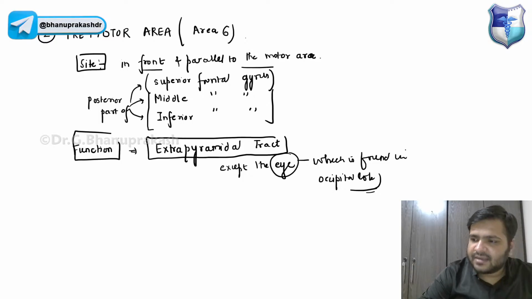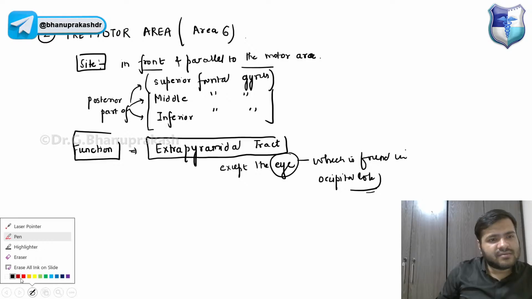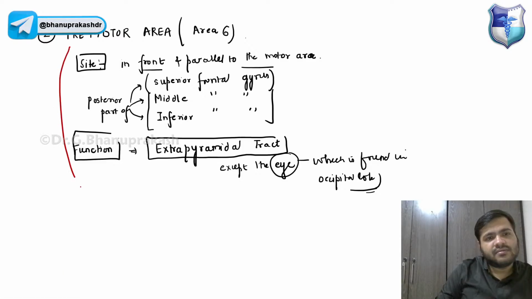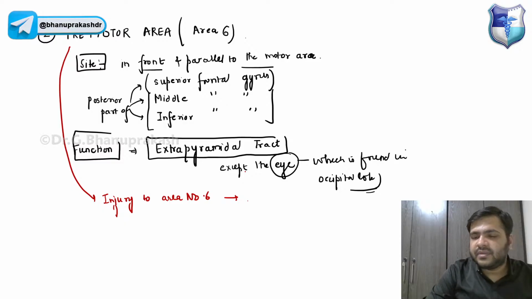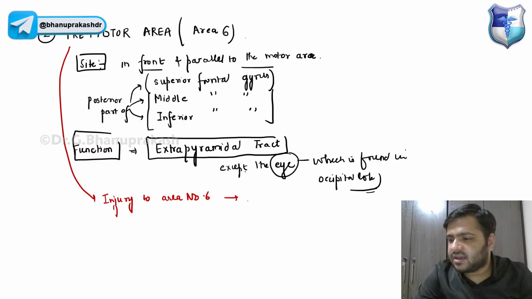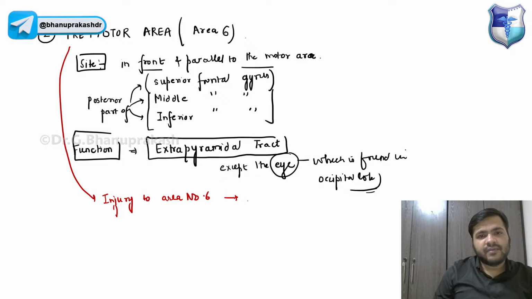Now what will happen, guys? Injury to area number 6. Remember, guys, if there is injury to this area number 6, it will lead to apraxia.